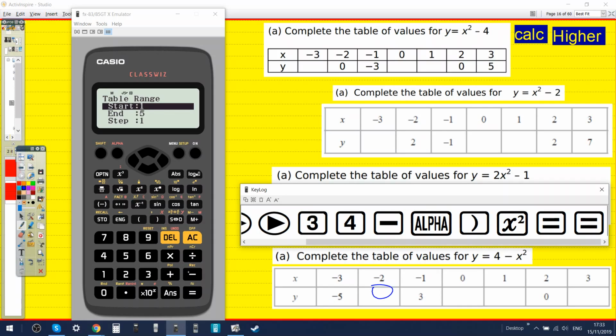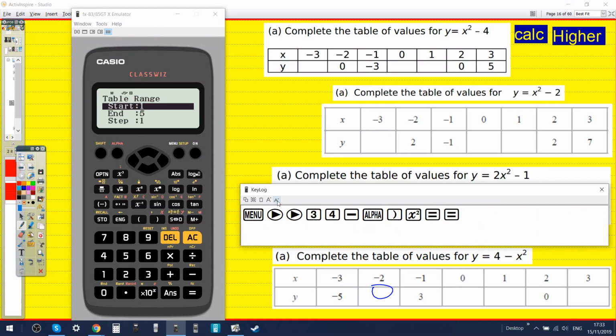How do we get the x squared? Is it just x squared alpha right bracket? Okay? Yeah, x squared. Okay. And our table is from minus 3 to plus 3, and it's going up in steps of 1.